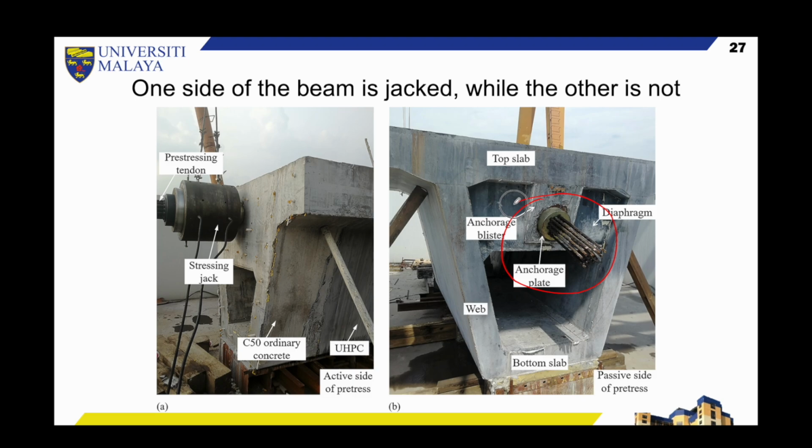There's an anchor at one end here, and there's a jack at the other end. Now, one end is the live end, which is the jacking end. That's where the force is applied, while the other is what we call a dead end, which is just static, just resists the stresses applied to it.